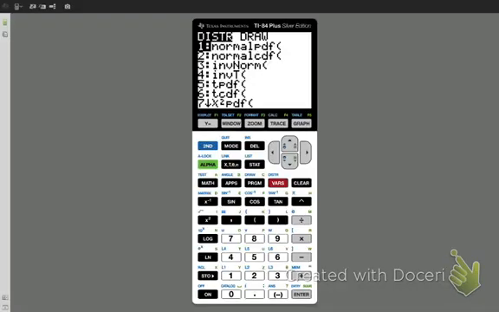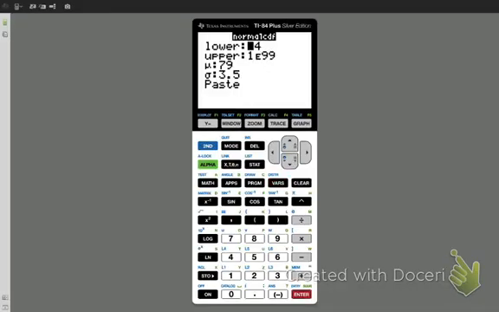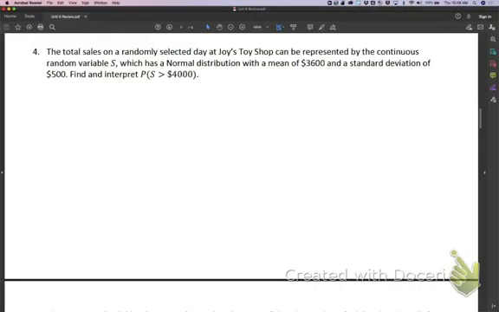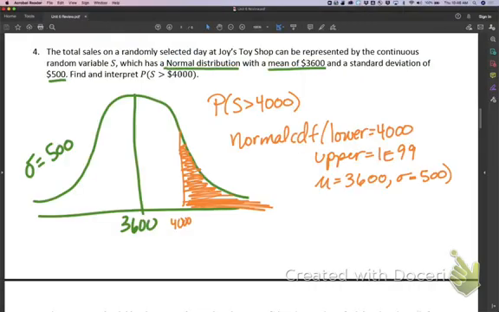Second vars, normal CDF, the lower boundary 4,000, the upper boundary infinity, the mean 3,600, standard deviation 500, and my answer is 0.2119. Okay. 0.2119. We get to interpret it.